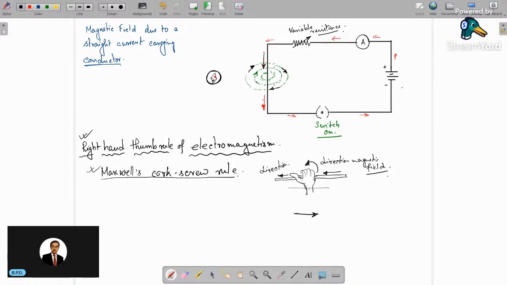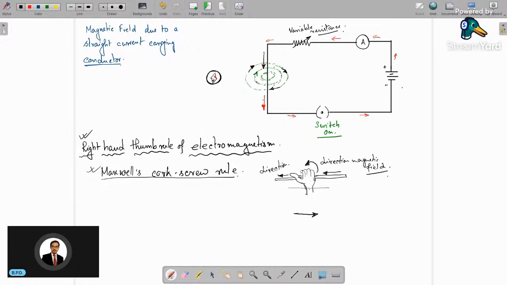Right, according to the Maxwell corkscrew rule or right hand thumb rule, the direction of the magnetic field will definitely get changed. Okay. So that's the main thing.